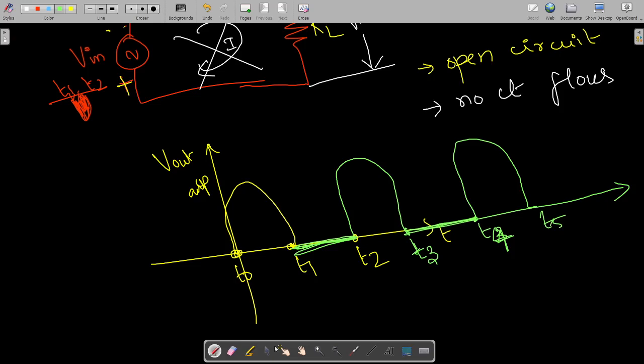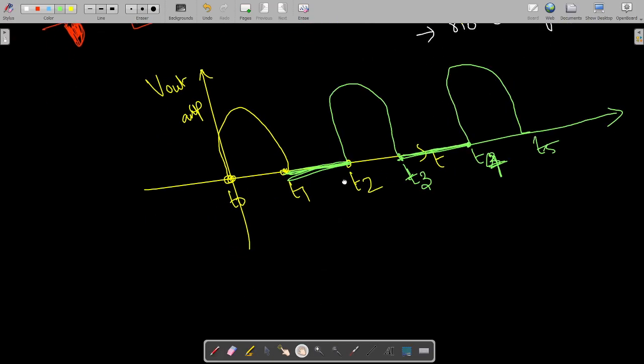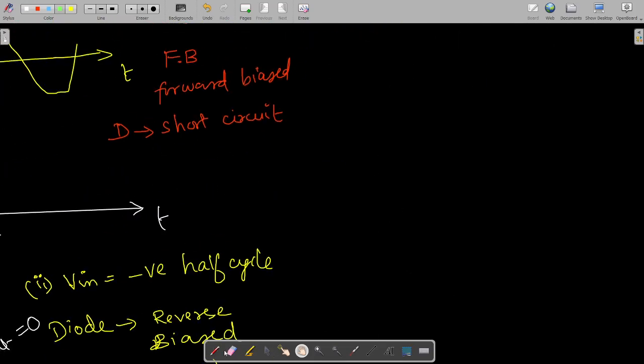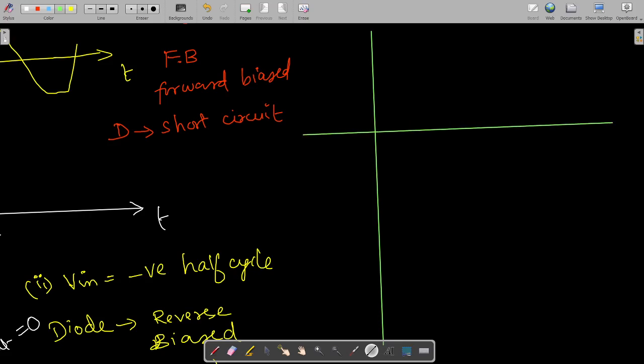Once again, I'll be showing you both the input as well as the output in a single graph. I'll be drawing it for you. Wait a minute. This is the graph I am putting for you.